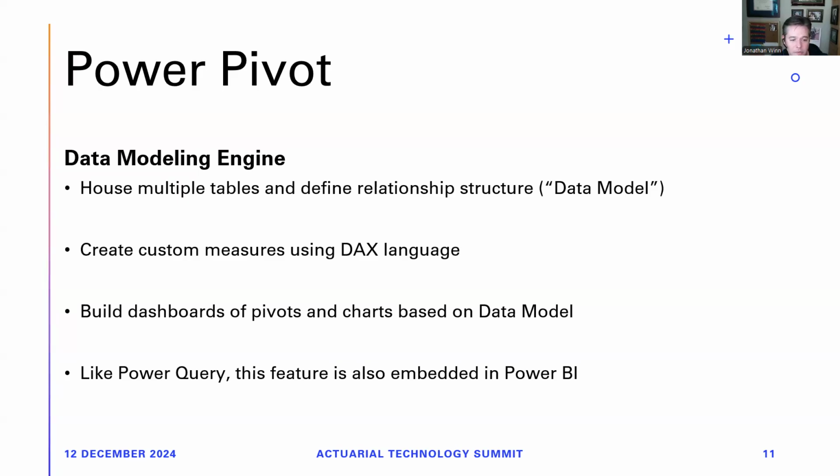This is really useful if you want to create pivot tables and pivot reports that reference multiple tables all at once that have certain relationships. Really good for dashboarding. And if you're familiar with Power BI, then you know about Power Pivot. This is just extending that functionality to Excel.